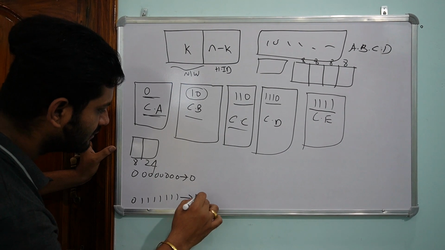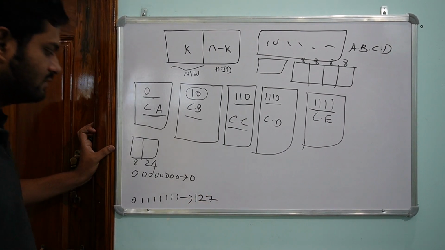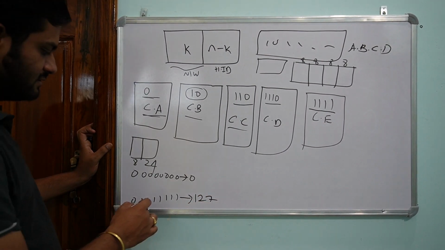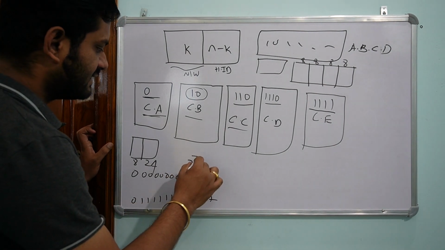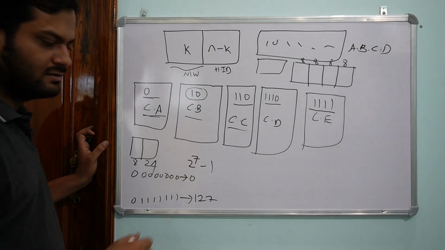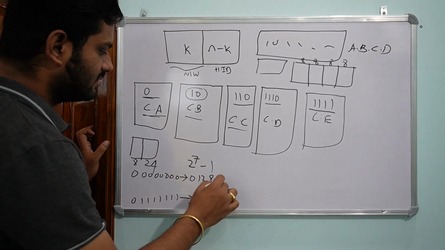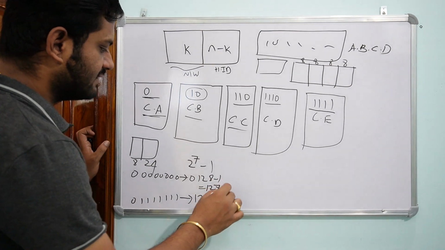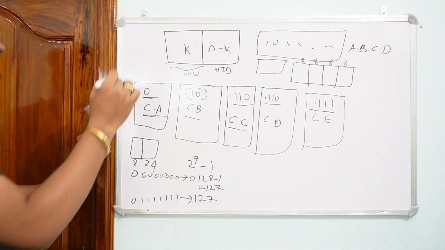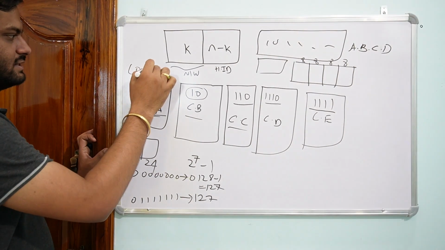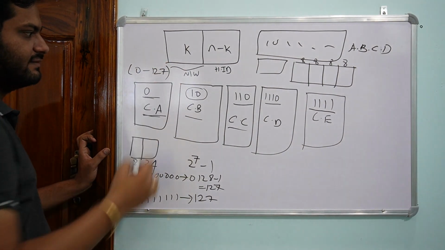This will be 127. So how is it 127? Since you have 7 ones, it will be 2 power 7 minus 1, which is 128 minus 1, that is 127. So the range of the class A is 0 to 127.